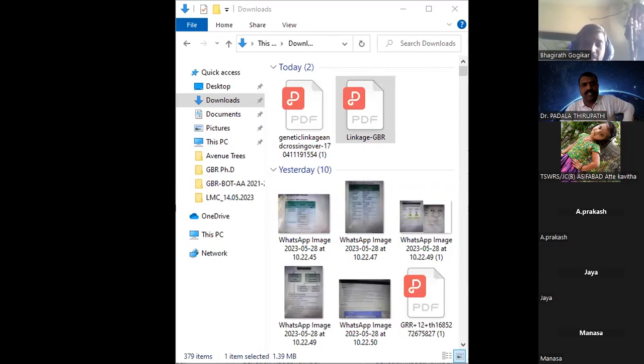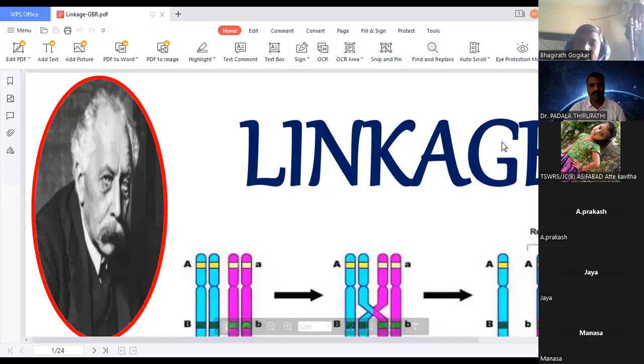It is visible, but the PDF is not enlarged, sir. Okay, it's visible. The PDF is not open still. Okay, I will once again share. Okay, very nice. Please proceed.